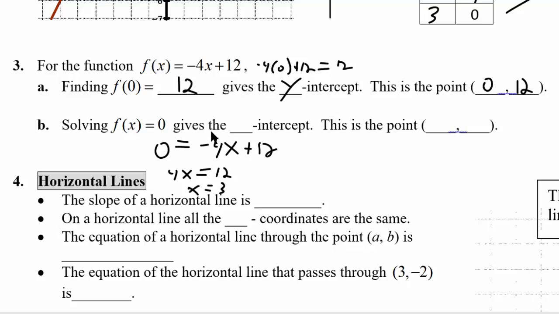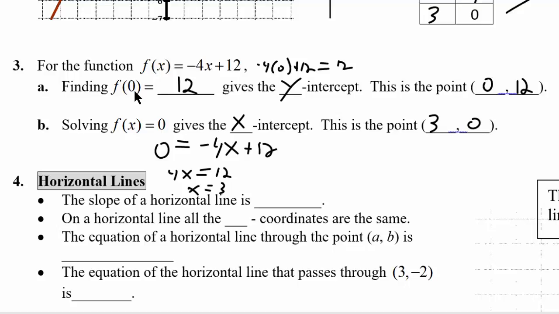So that would give me the x-intercept. And this point as an ordered pair would be 3, 0. Okay? Right? Because in this case, we made the y 0 and we solved for x. So here's my y, that's 0, and that's the value for x.